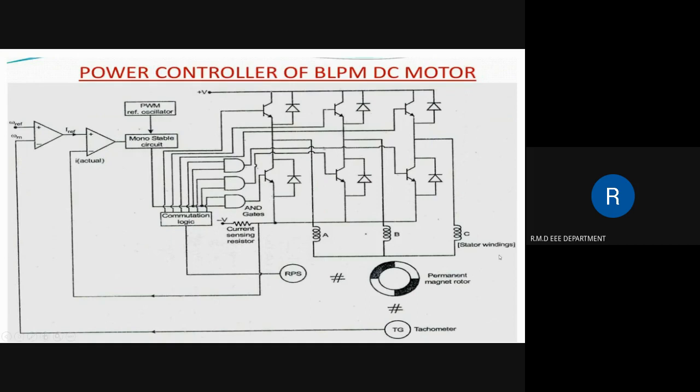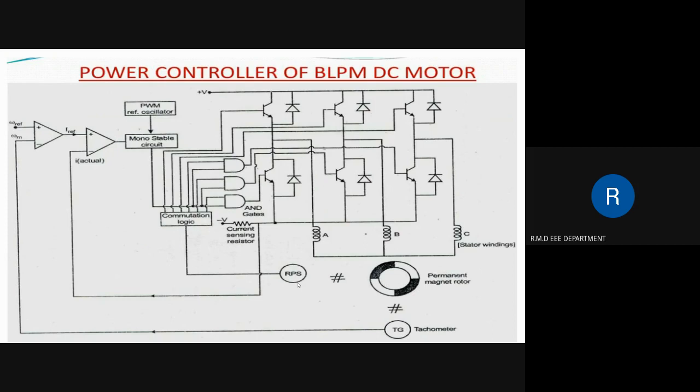It consists of a power circuit, control circuit, commutation logic circuit, speed comparator, current comparator, monostable circuit, and rotor position sensor, and then we are going to discuss the functions of the entire power controller.